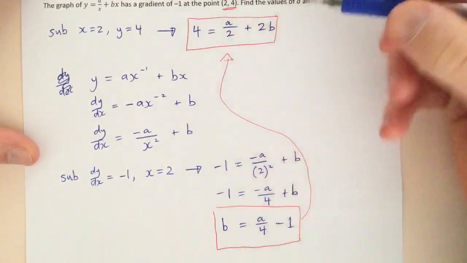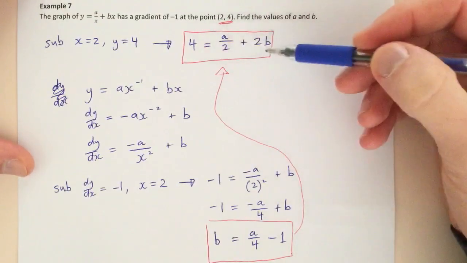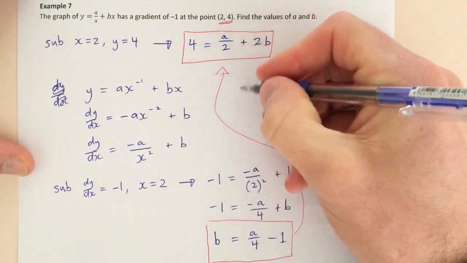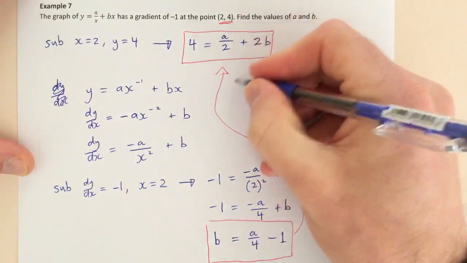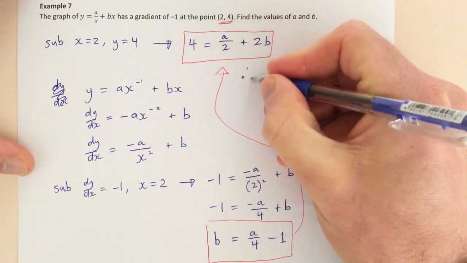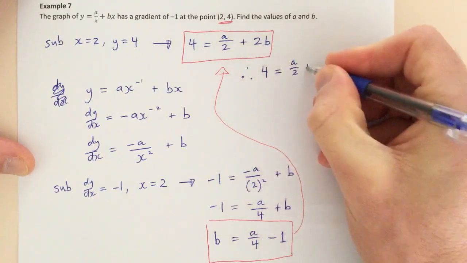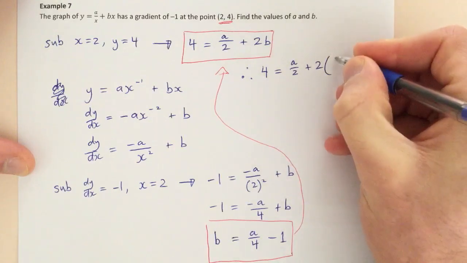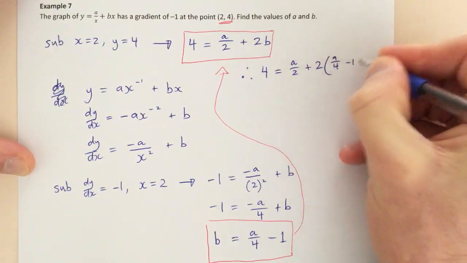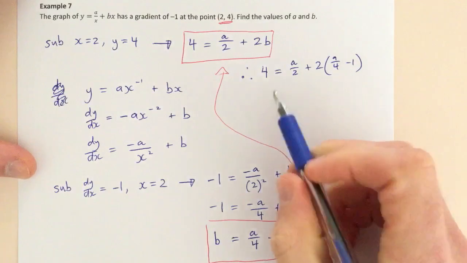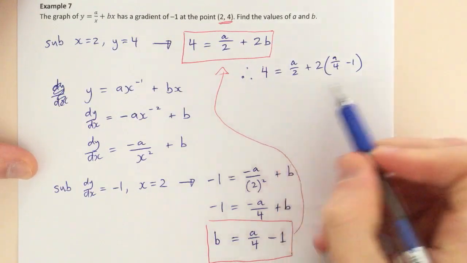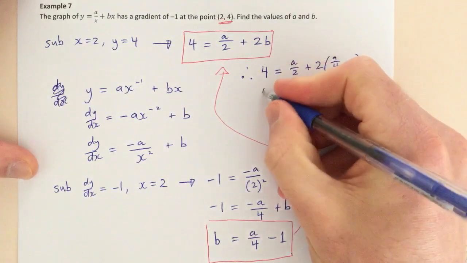So this first equation now has a different value of b, and we're going to get 4 equals a over 2 plus 2 times (a over 4 minus 1). Okay, and now having made that substitution, we've got an equation that just has a in it, so we should be able to solve for a.